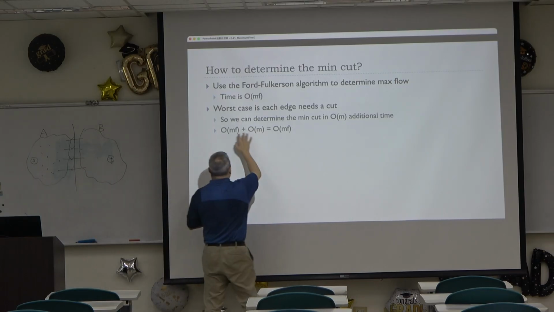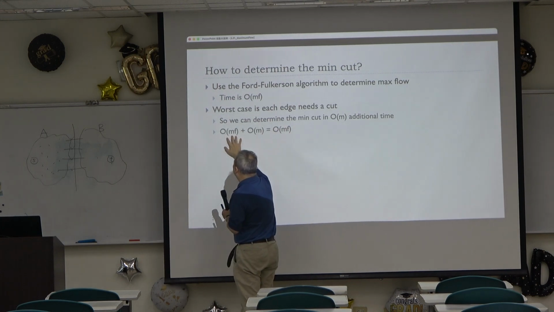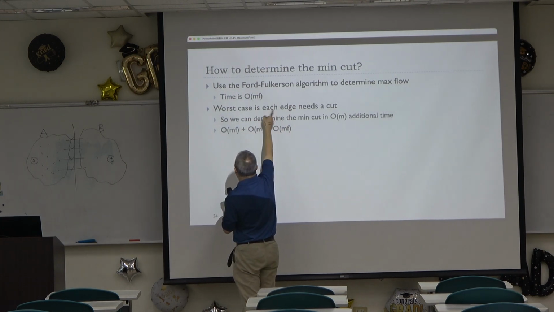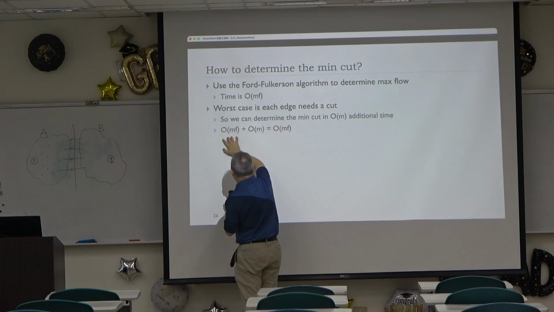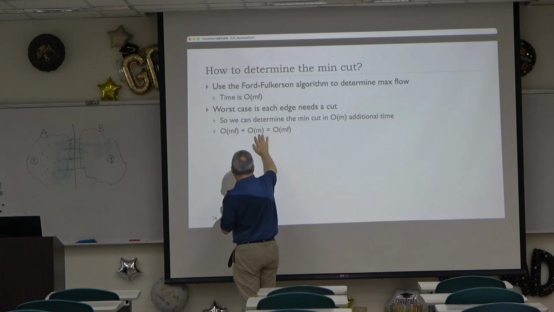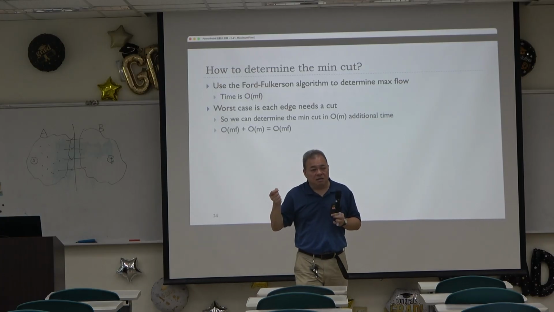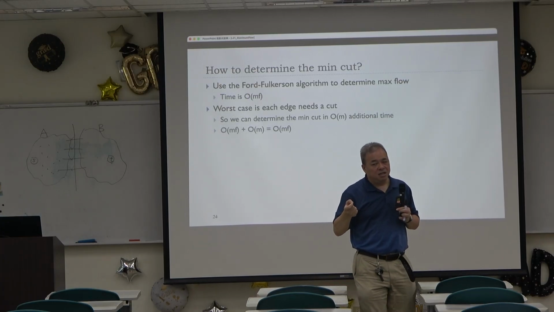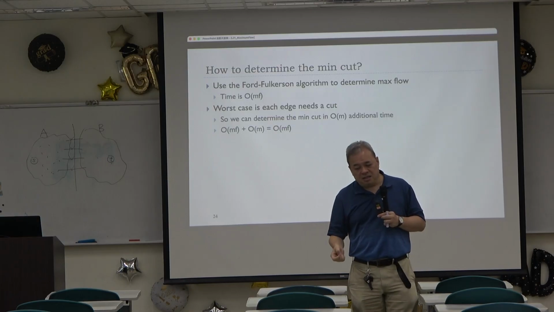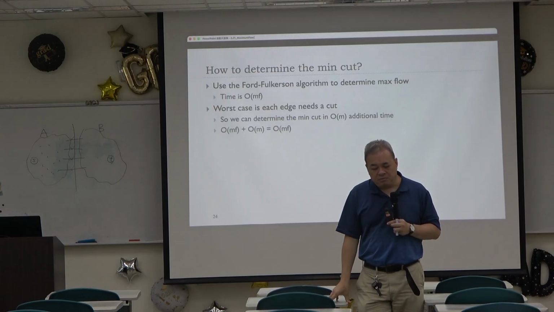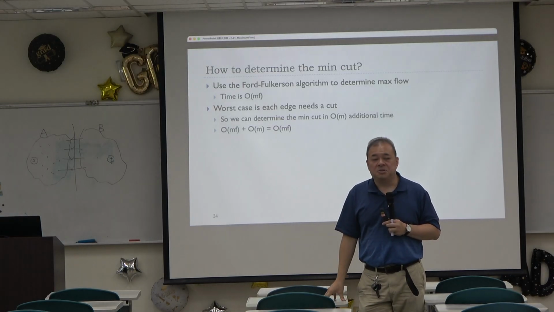So it's going to be O(NF) plus O(N), assuming we are using Ford-Fulkerson. So this is the amount of time to find the min cut, given the max flow.